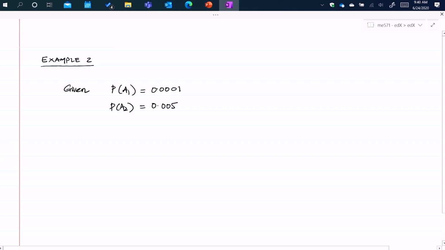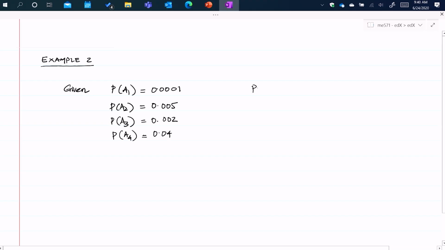The probability of solar radiation occurring is 0.0001. The probability of cloud cover occurring is 0.0005. That's how these probabilities have to be interpreted. And the third event, the probability of event A3 occurring is 0.002, and that's the receiver electronics failure. And the probability of event A4 is 0.04.